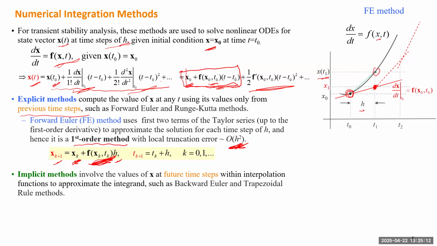Another type of method is called implicit methods. Implicit methods, different from explicit methods, can utilize the future time step to give you a better estimation of that slope. Examples are backward Euler or the trapezoidal rule method. The backward Euler method is called an Euler method because it's another first order method.